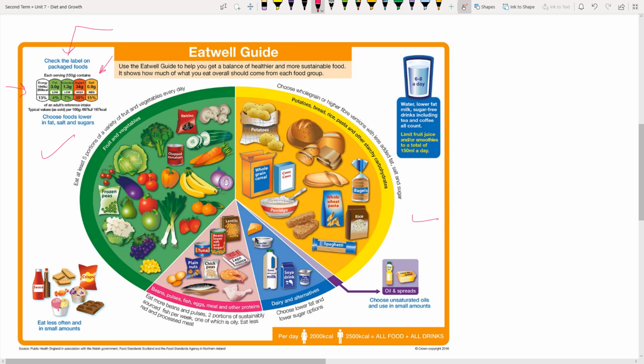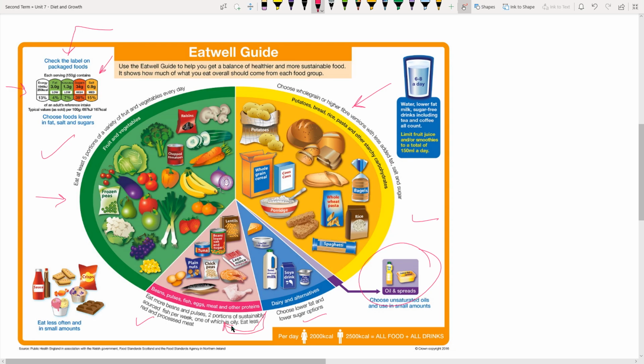And then finally we have the meat and your dairy products, and finally oils, as you can see, still the smallest region. That shows that we must consume less oil or less oily products. We should rely more on these for our energy requirements, more on these for our vitamins and minerals, and eventually these two for body development.